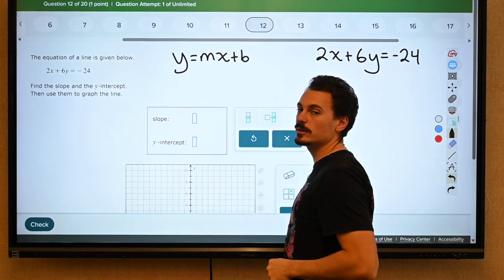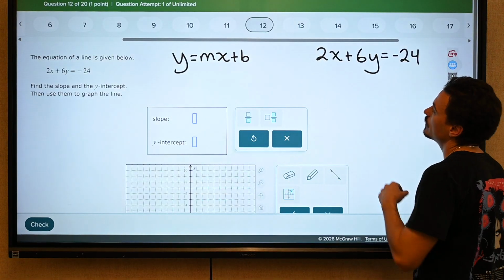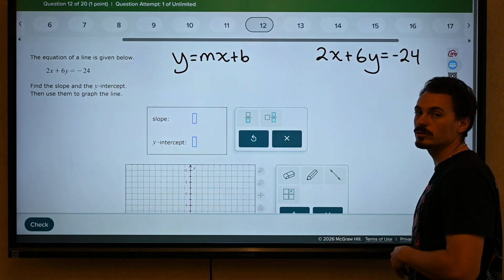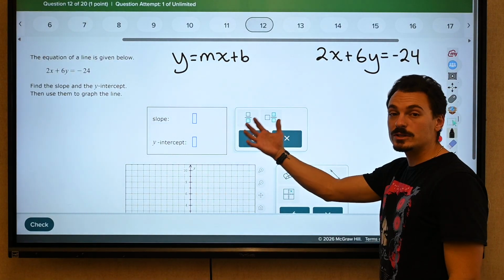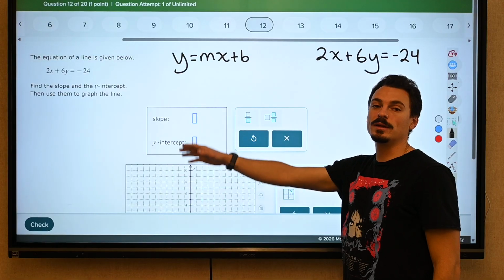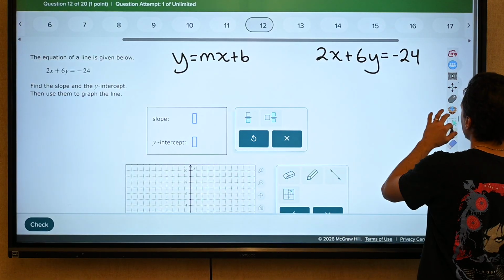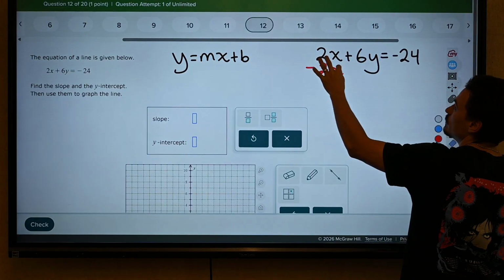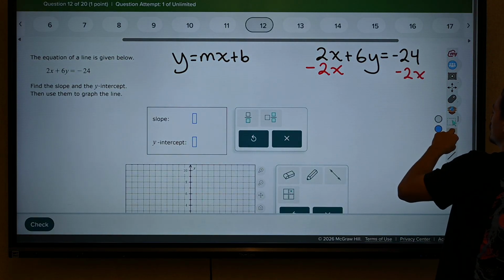Okay, you don't have to do it this way. What you could do is choose 2 x values that would be beneficial, plot the line, and then go in reverse, find the y-intercept like that, find the slope like that. I recommend just solving for y. So I'd go minus 2x on both sides.